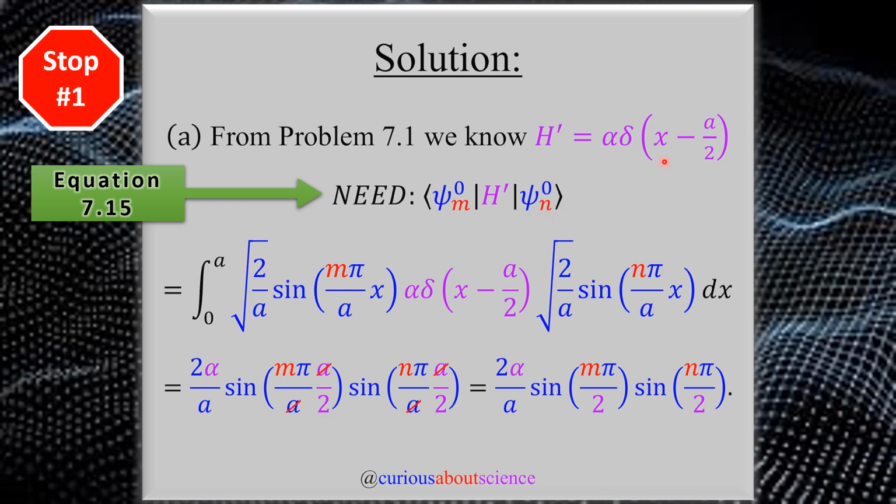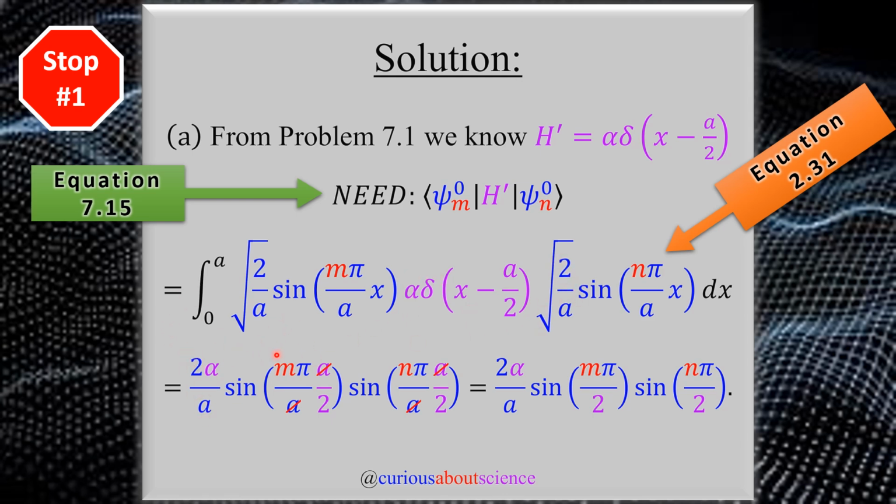Okay? Thankfully, since our Hamiltonian has a delta function, we can find this pretty quickly. Recalling then that from equation 2.3, we have the wave function for the infinite square well, and we can go ahead and chop this up pretty quick. Take the constants outside, you have a square root of 2 over a, square root of 2 over a, so that gives you 2 over a that you see here.